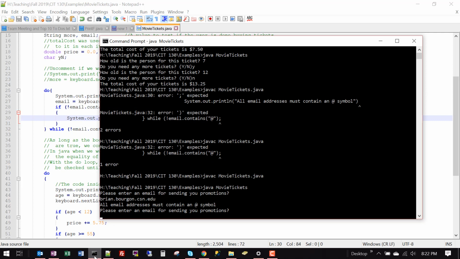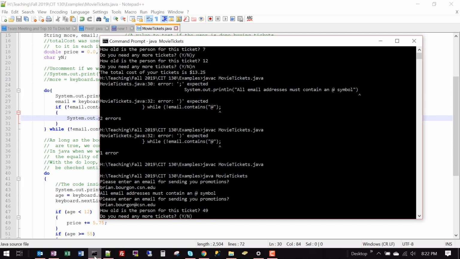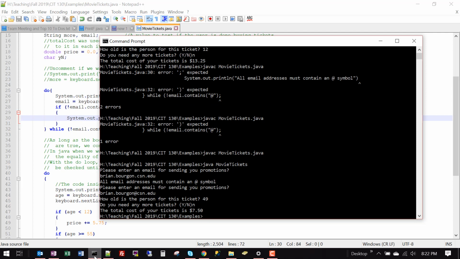It says all email addresses must contain an @ symbol. Please enter. Oh, that's right. I don't know what I was thinking. csn.edu. Now what it's done is it's taken that address in. I type in my age. I don't want any more tickets. I pay $7.50, and we are ready to go.